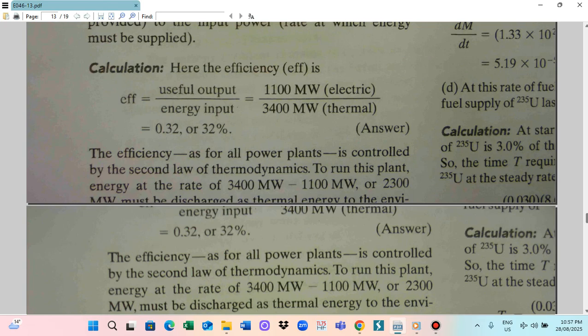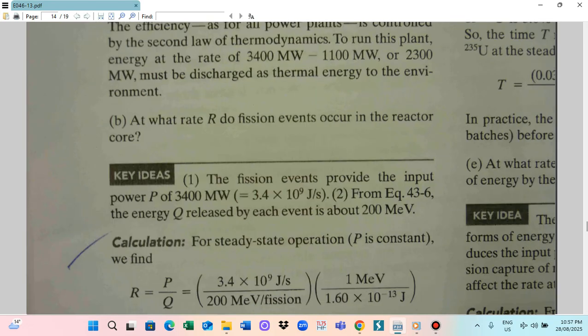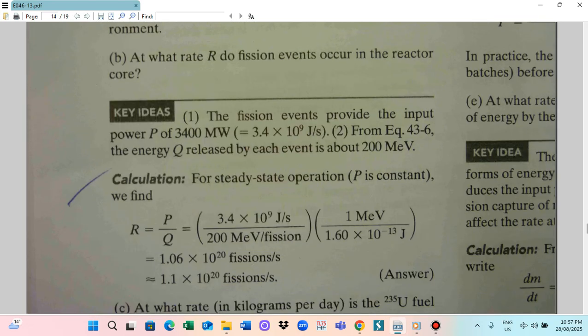Okay, now the fission rate in the reactor core. We can calculate the fission rate R equals P divided by Q, so power divided by the energy per fission.